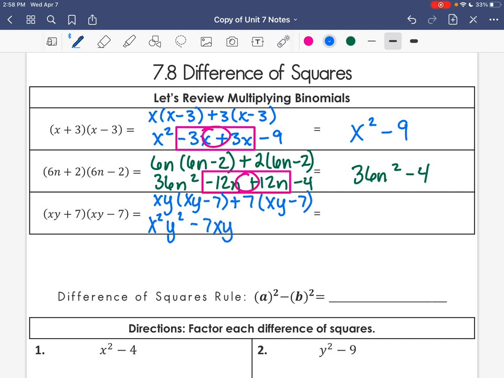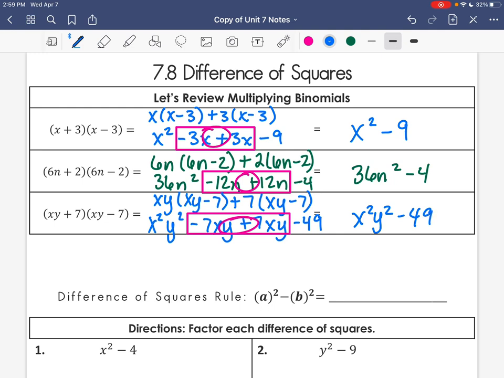And then we have 7 times xy, which is plus 7xy. And then 7 times negative 7 is negative 49. Notice again in the middle, we have a minus 7 and a plus 7, so that makes a 0. And so for our answer, we have x squared y squared minus 49.